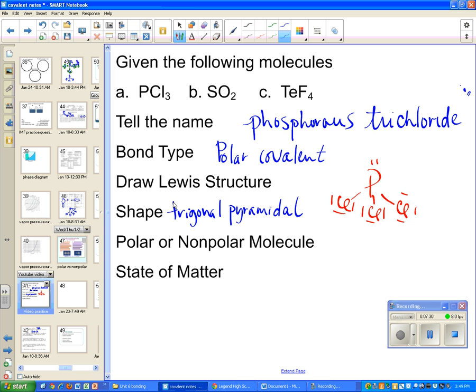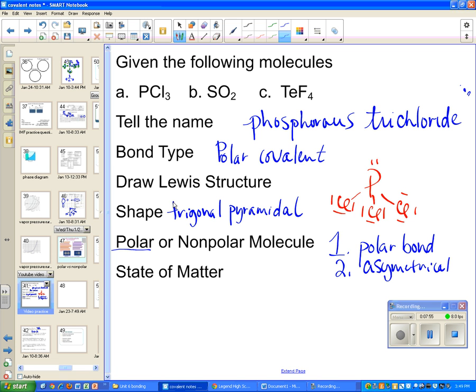Now to be able to answer this next question, polar or nonpolar molecule, I just need to ask myself a couple questions. To be a polar molecule, it has 2 criteria. Criteria 1 is I have to have a polar bond. Criteria 2 is I have to have an asymmetrical shape.